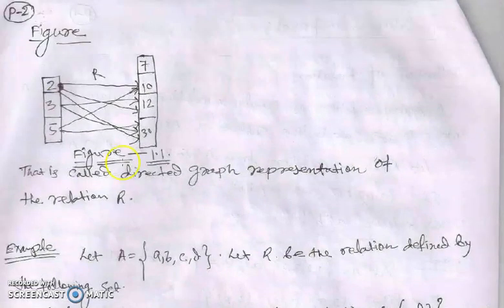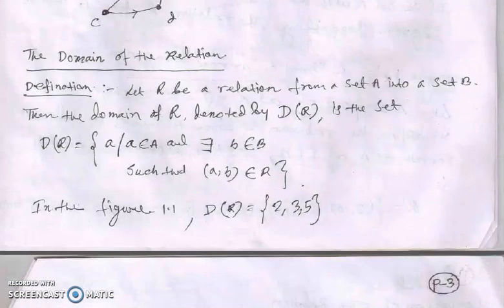You can easily observe where the arrows end, in which number, that should be an element of the range set. That is, 10, 12 and 30 should be the range set of the relation R, or the range of the relation R.